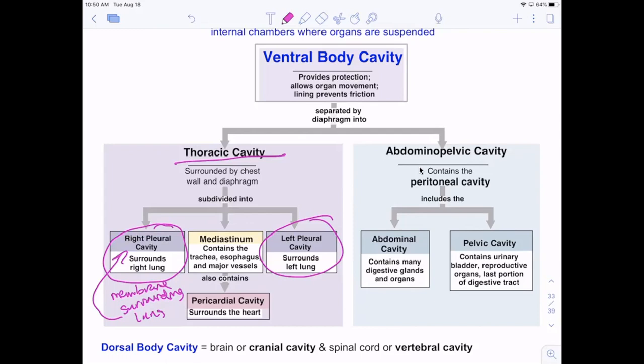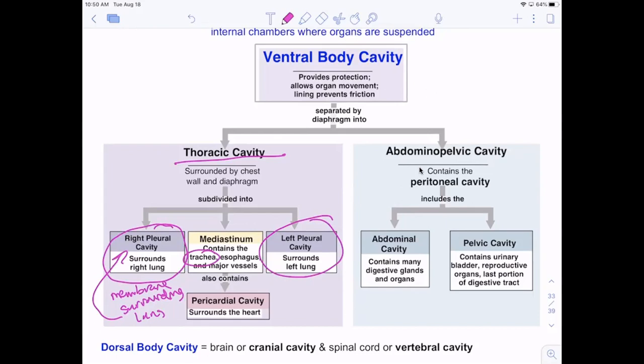So the membranes create that space, and that is what the cavity is. It's a space or a hole. And so the lung is in the pleural cavity. You have to use the term pleural cavities. There's two, right? Because you have a right and a left lung. The stuff in between your lungs that goes down behind the heart is the mediastinum. Or it doesn't all go behind the heart, but you have your trachea, esophagus, aorta, inferior vena cava.